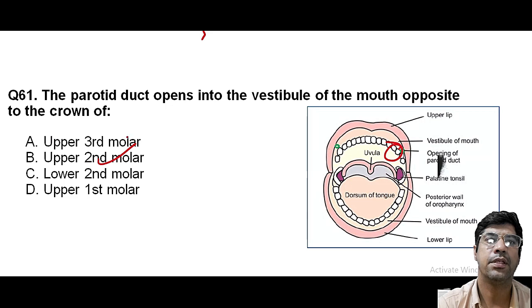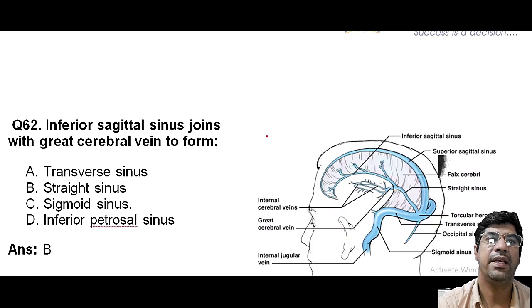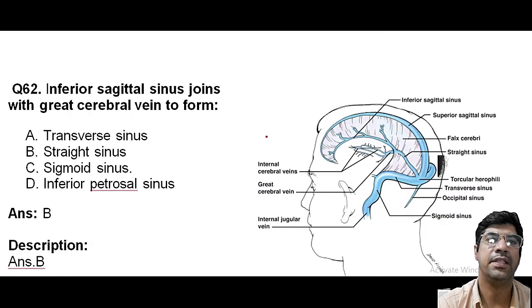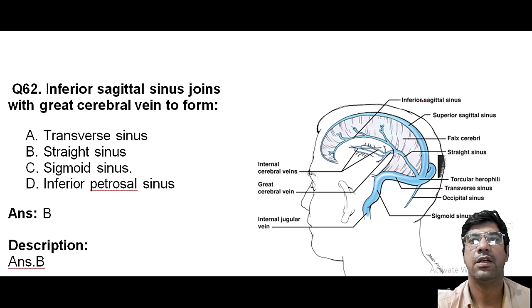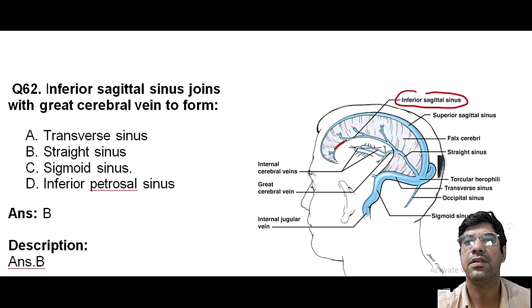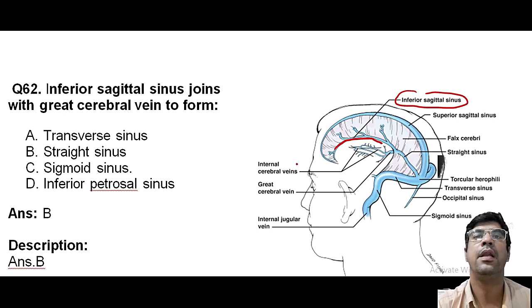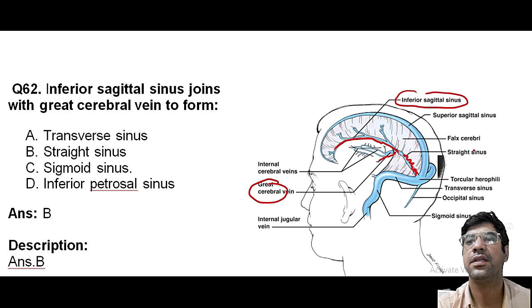The next question. The inferior sagittal sinus joins with the great cerebral vein. So this one is the inferior sagittal sinus. It joins with the great cerebral vein, this one, and together they will form what sinus?